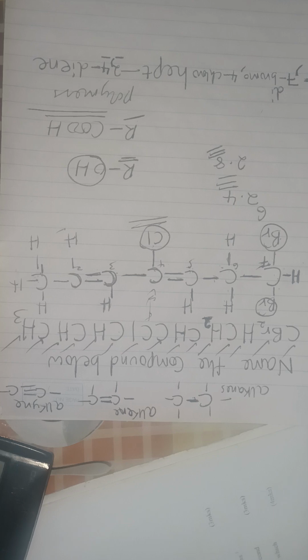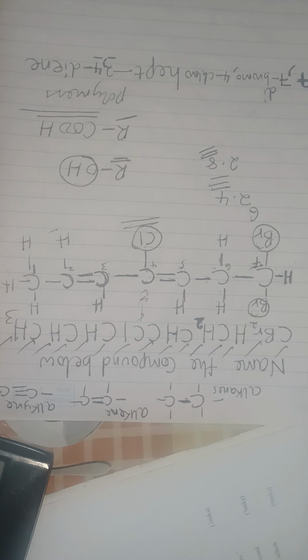Then dibromo, comma. And then there's this other chlorine atom, so you can say 4 dash chloro, hept-2,4-diene. Yeah, that's what you're supposed to have.